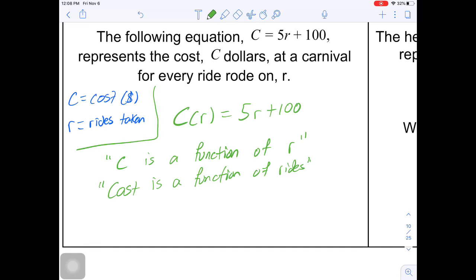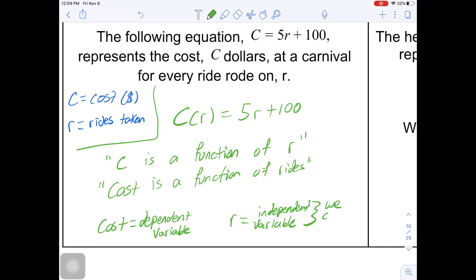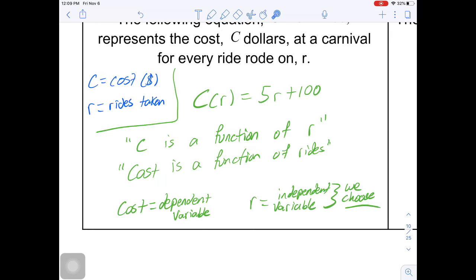Okay, so cost would be our dependent variable. And rides is our independent variable. And remember, that's because we choose this. The cost is based on what we choose.